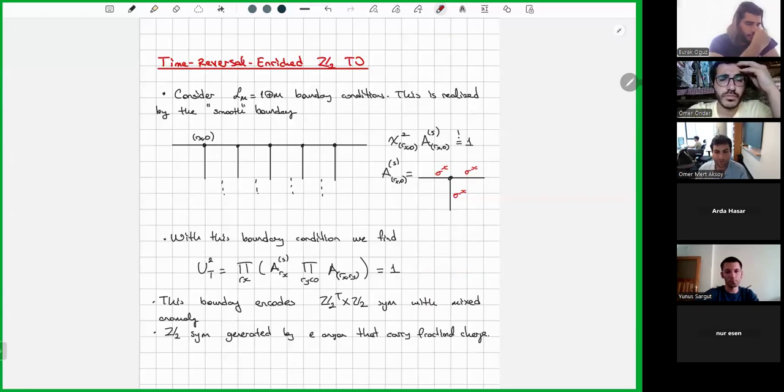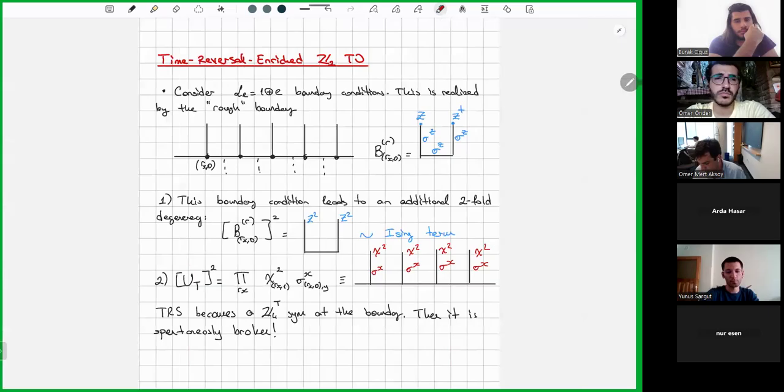So that's one way of understanding the meaning of mixed anomaly for the boundary theory. I'm not showing it, I'm just claiming without any proof, but essentially the fact that E anyons carry fractional charge means that for the one lower dimensional theory, this Z2 times Z2 symmetry is actually anomalous. There's a mixed anomaly. We will see a little bit more consequence of that.